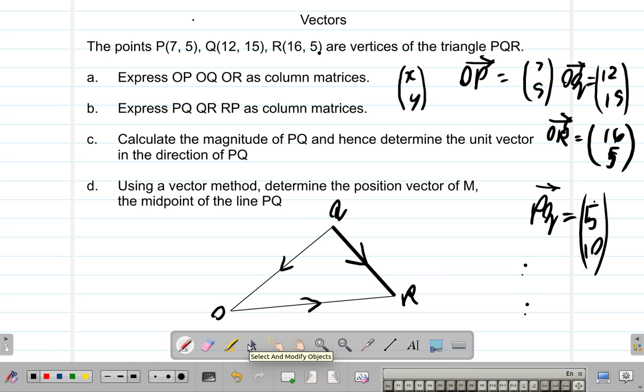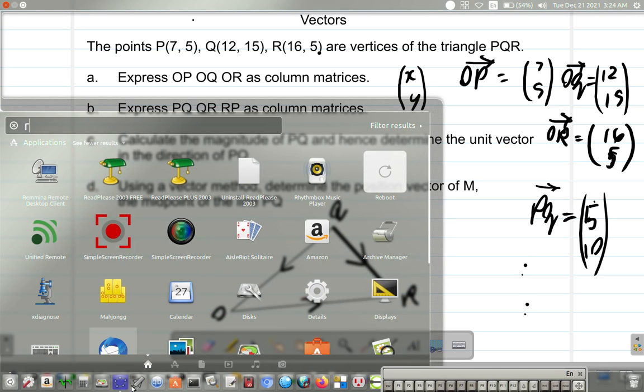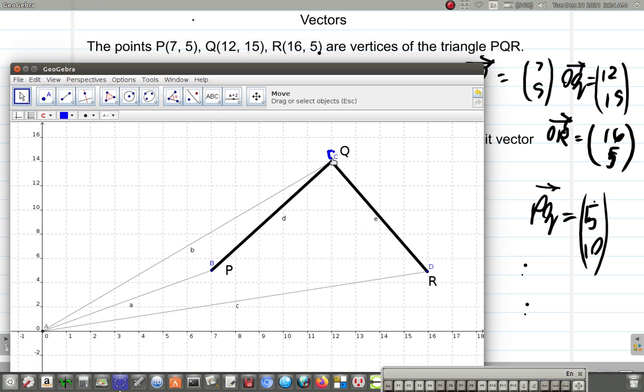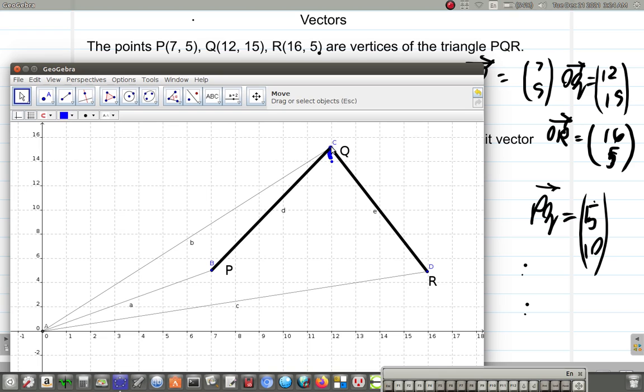So let's look at the graph itself. You can see that is the same thing. Let me just make an adjustment here. Good. Let me take these things off.